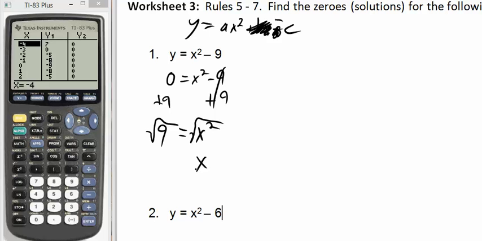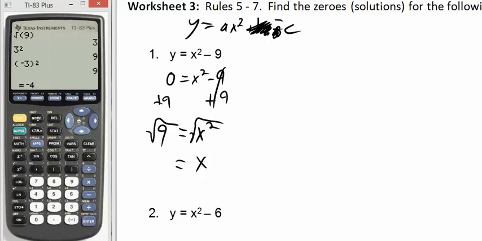And you end up with x equals, and if you don't know how to do this in your head, then this one should be pretty easy. 3 times 3 is 9. But if you don't know, it's right here, square root of 9, enter, and we get 3.